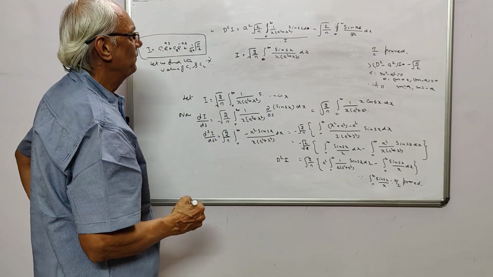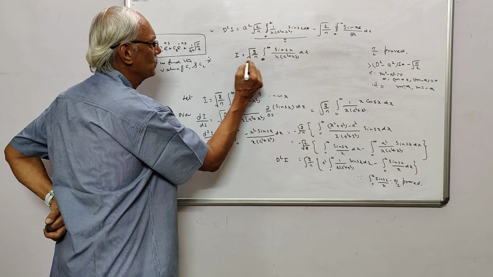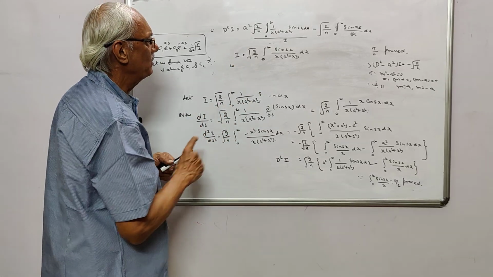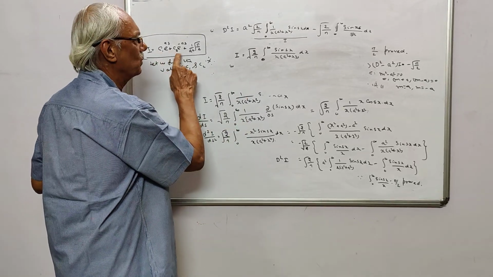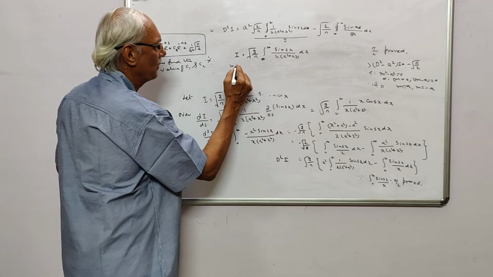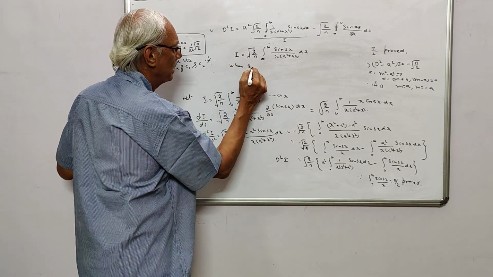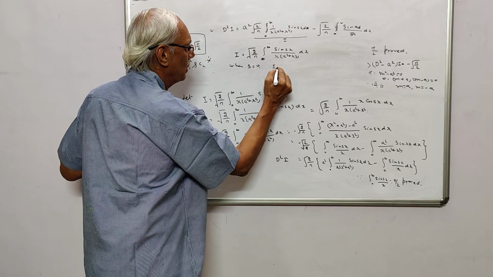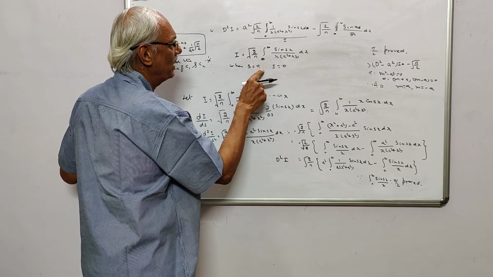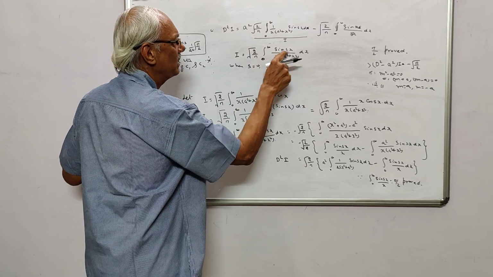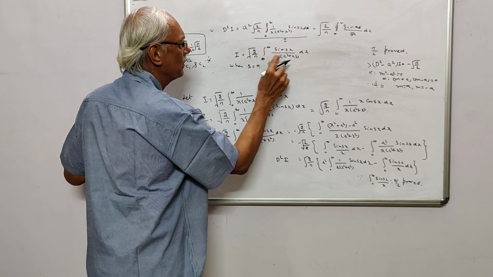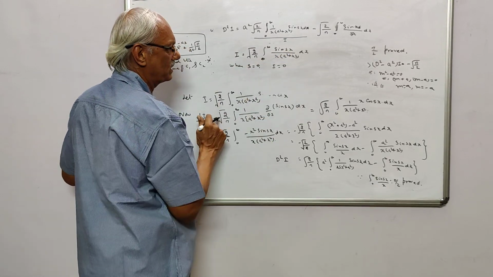Now, see, when s is equal to 0, because I want to get the values of C1 and C2 by applying some initial conditions, when s is equal to 0, your I is equal to 0. Because sine 0 is 0, the whole integral becomes 0.